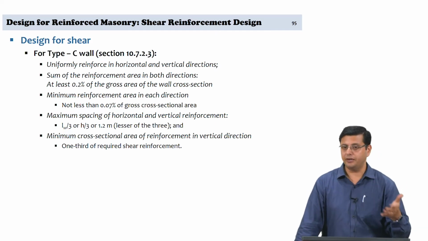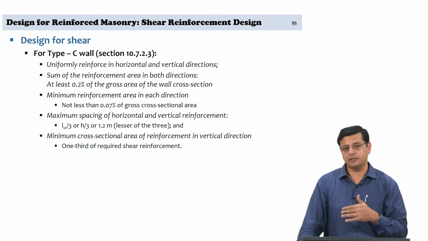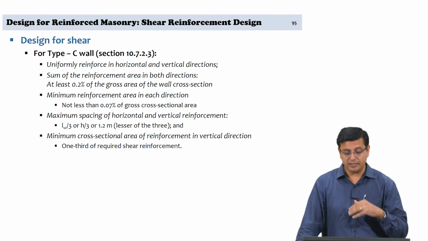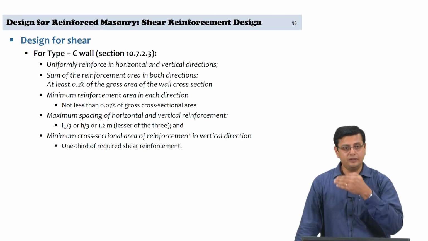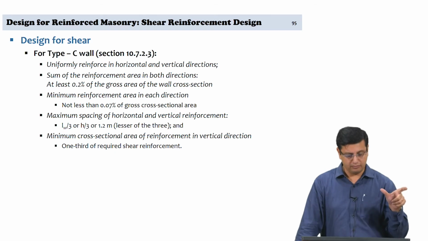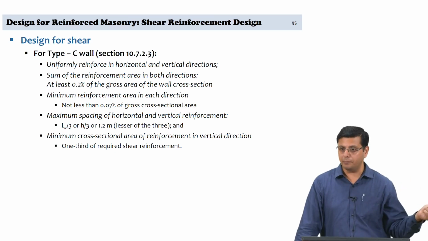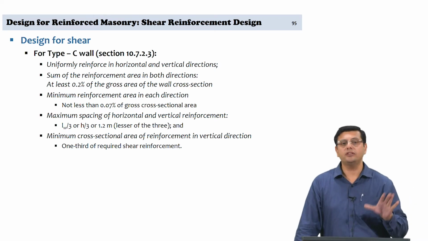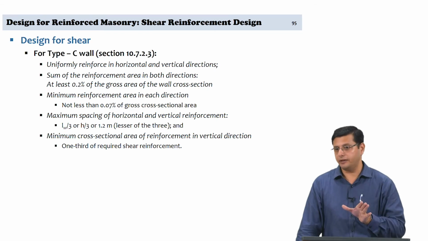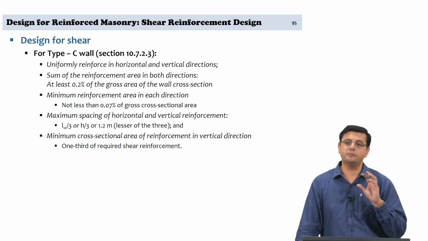Pier by pier you would be carrying out the shear design. Mind you, there is no specific design prescribed for the spandrels. The design of reinforcement, both flexural reinforcement, the P plus M design, and the shear design, is for the piers, for the vertical load resisting elements. You do not have a design process prescribed for the spandrels.